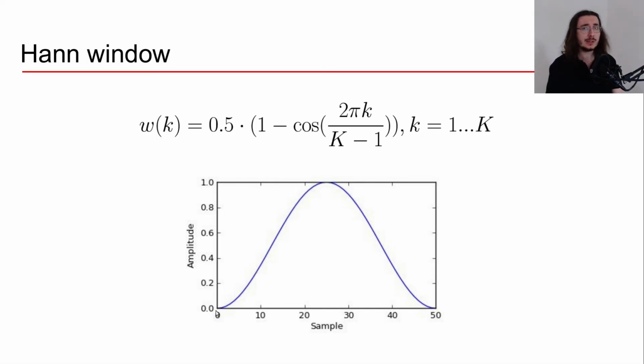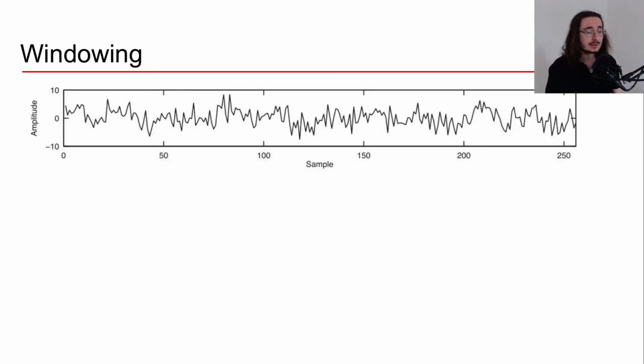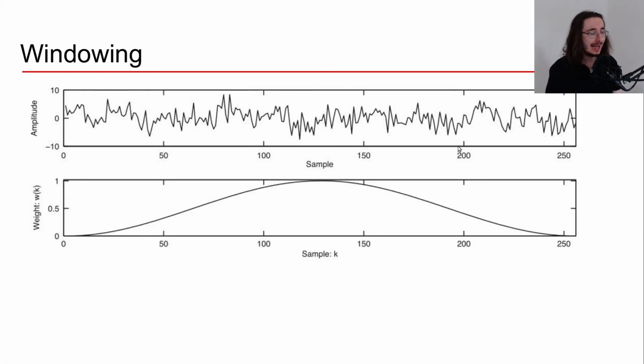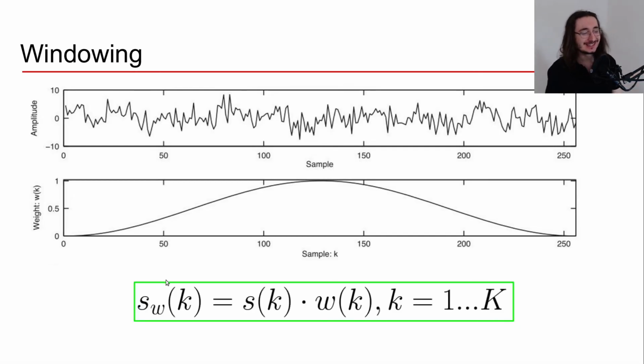Right. Okay, so now let's try to apply that to a signal. We start with a signal, which is just one frame containing 256 samples. Here we have the Hann window, and now we can apply the Hann window to the original signal so that we get a new signal that has been windowed. And this is the math that we run for applying the Hann window to the original signal.